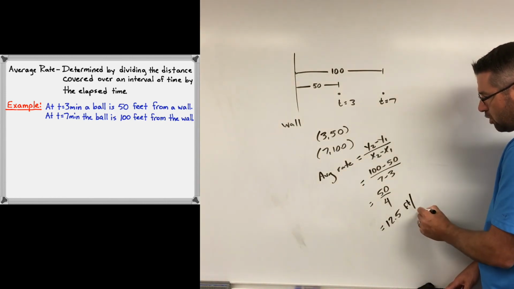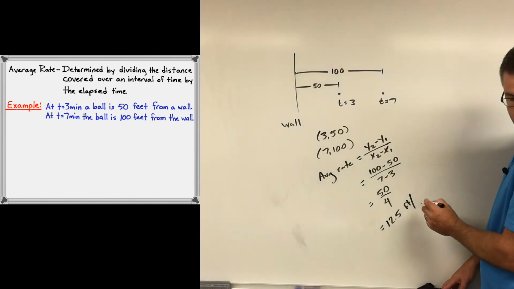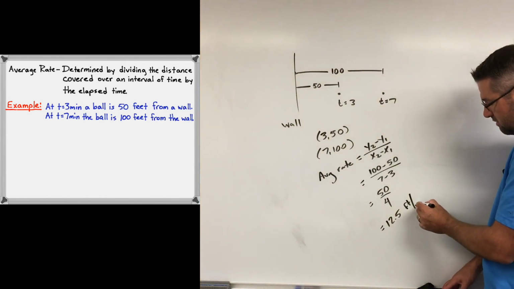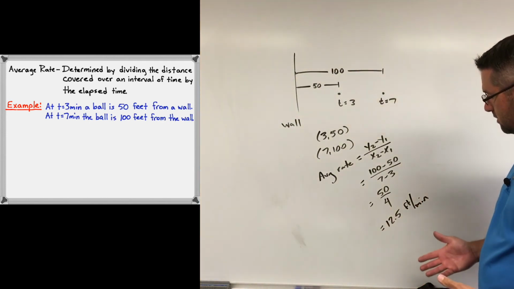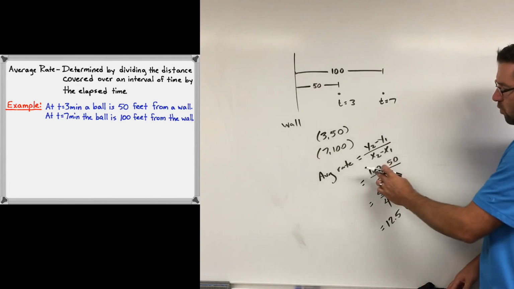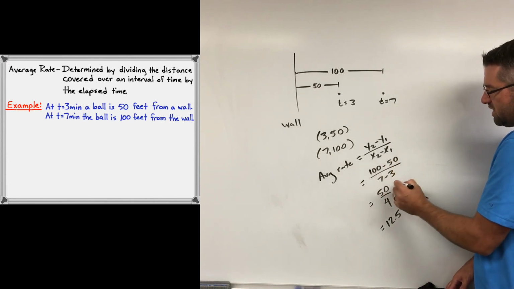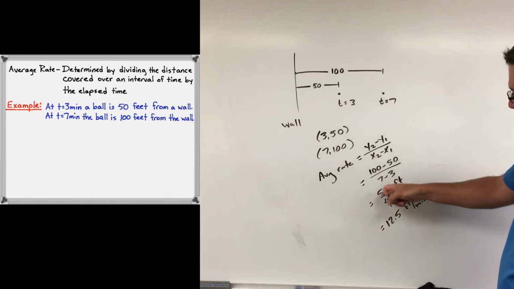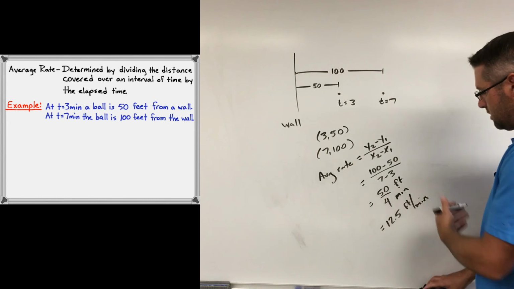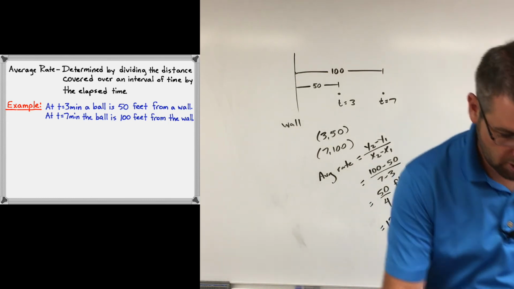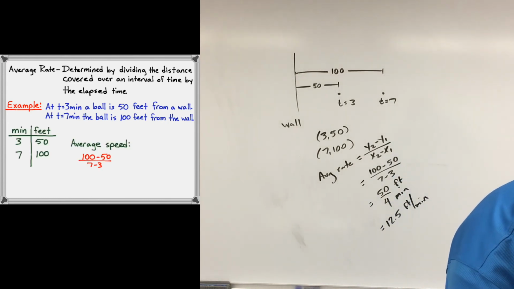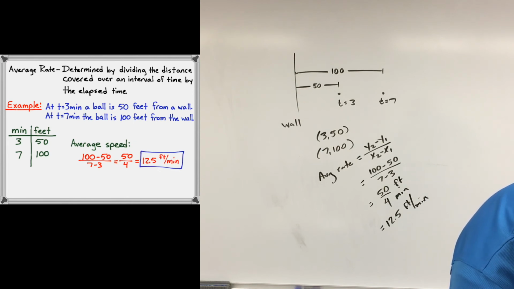Feet per minute, because it's a rate. That's exactly this: 100 minus 50 is feet, and 7 minus 3 was time, minutes. So it's 50 over 4 feet per minute, and that's our average rate. Pretty simple, pretty straightforward, I think. We can see it like that, 12.5 feet per minute.